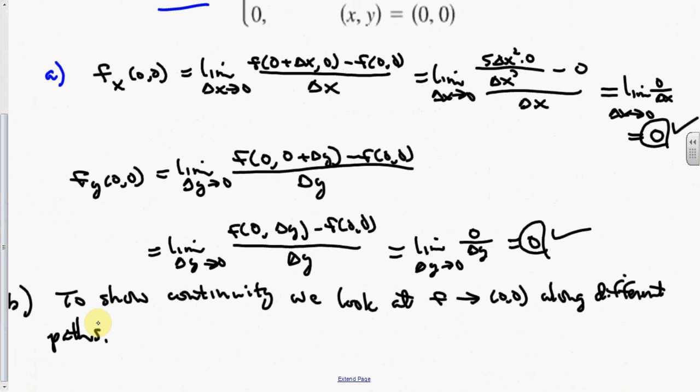So as x goes to a from the left, as x goes to a from the right, I should get the same thing. So if I'm going from the left and to the right and I end up at this point, good. But if I'm doing this, then the limit does not exist. It's not continuous. If it's not continuous, my theorem says it's not differentiable. So let me show you.